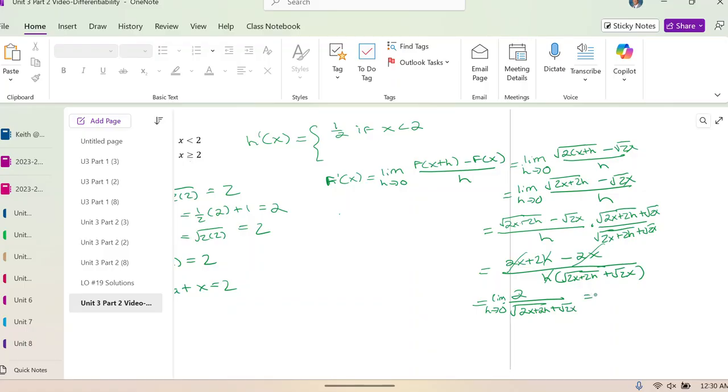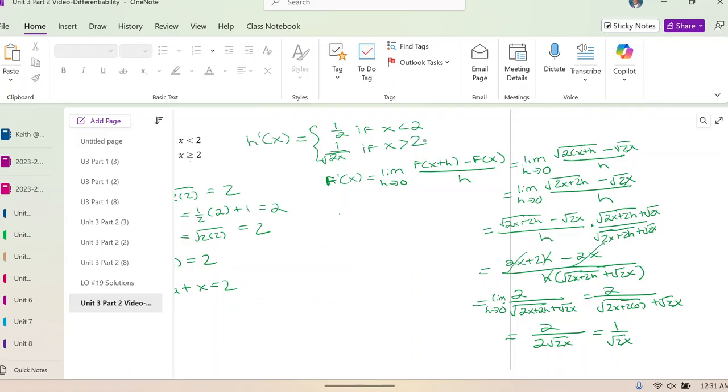So then when you put the 0 in for h, you get 2 over 2 times the square root of 2x, which simplifies to 1 over the square root of 2x. So that is the derivative there.